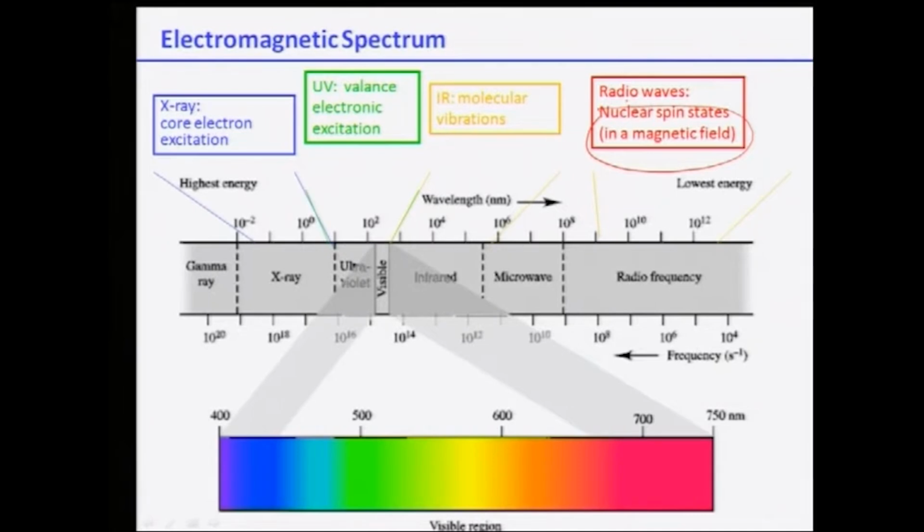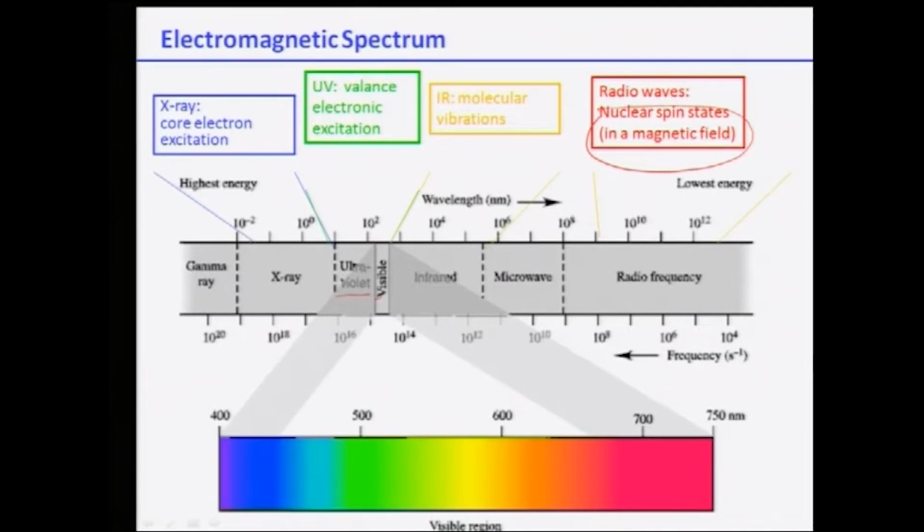Then we have UV visible spectroscopic techniques, which consist of both ultraviolet and the visible range, which can be used to study the valence electronic excitation in the material. And X-rays can be used for core electron excitation, like X-ray photoelectron spectroscopy, and many other techniques. So depending on the kind of investigation we would like to do, the use of the electromagnetic radiation will depend on that.